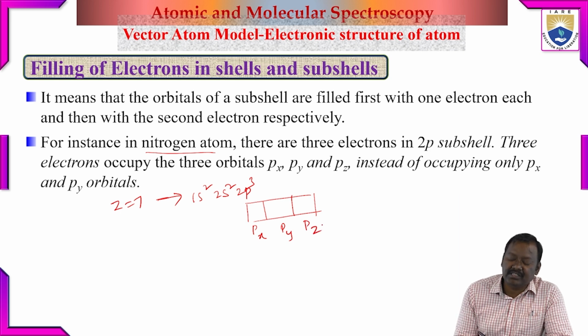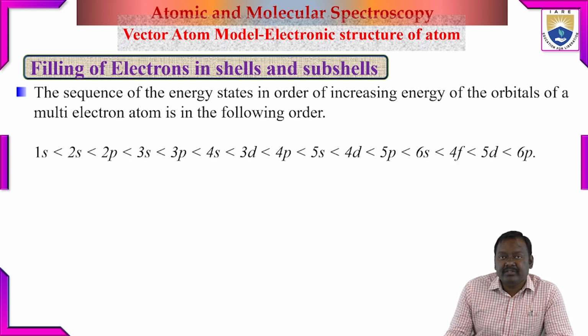While filling these subshells, first it will not occupy px and py with two electrons. First one electron occupies px, another electron occupies py, and one more electron in the pz subshell. It should not be first 2 electrons in the px and 1 electron in the py. So first each subshell is filled with 1 electron.